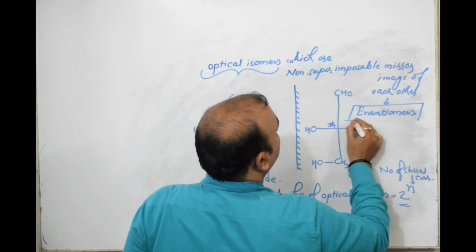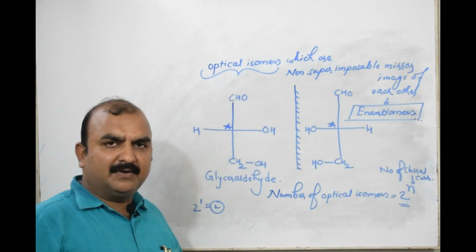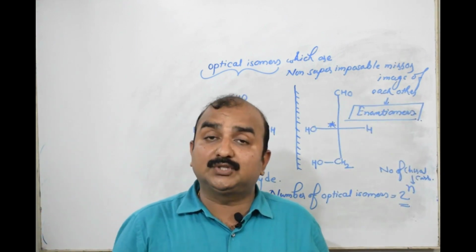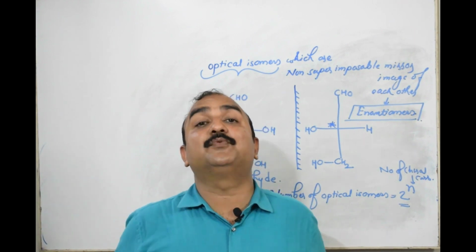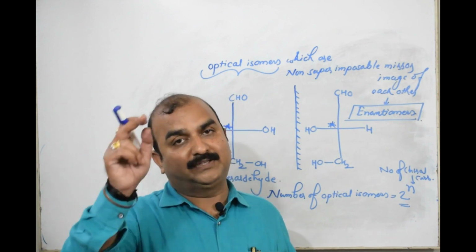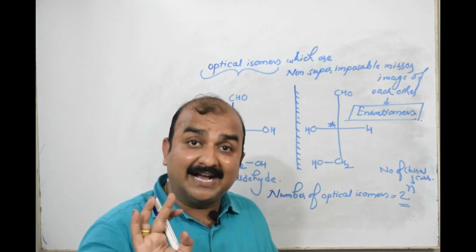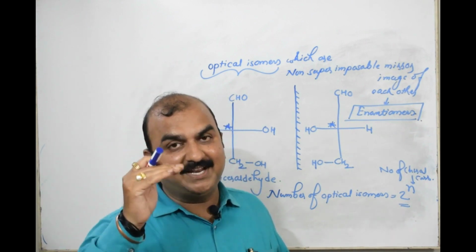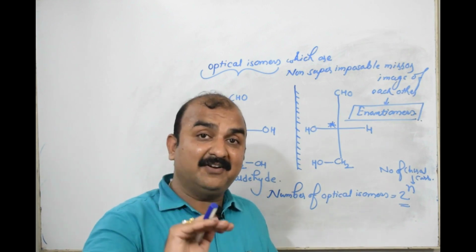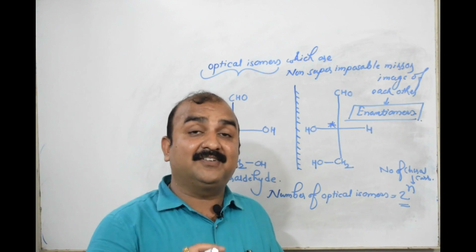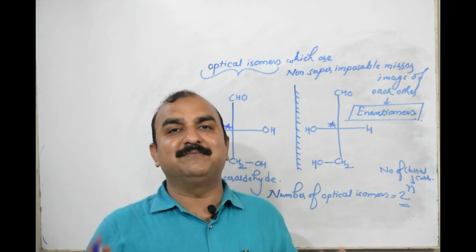Be very careful. First of all, have you understood optical activity and optical isomer? Now we are entering into one interesting concept: what is meant by enantiomer. First of all, an enantiomer should be an isomer. After that, it should be a stereoisomer. After that, it should be an optical isomer. And after that, it should be non-superimposable mirror images.